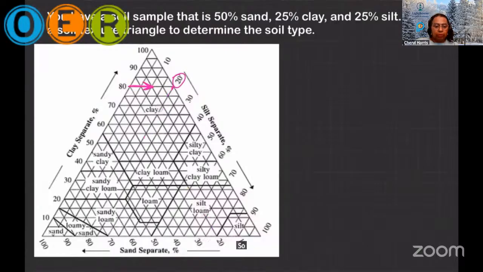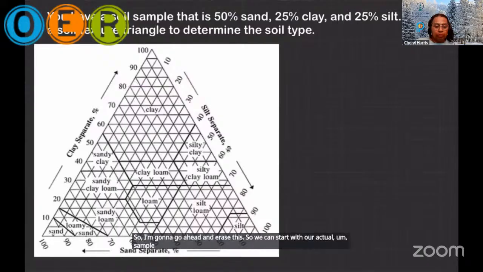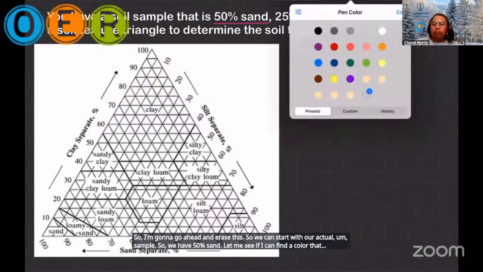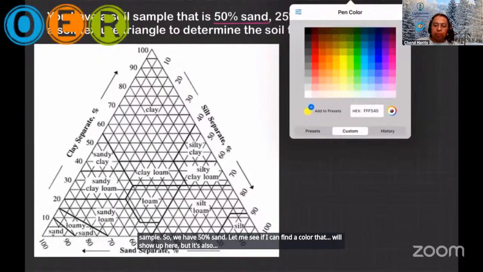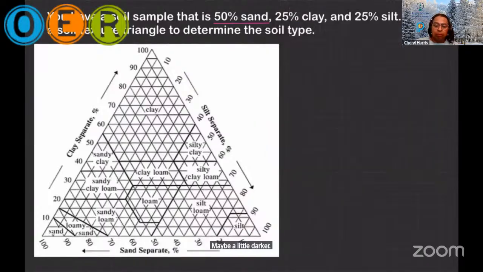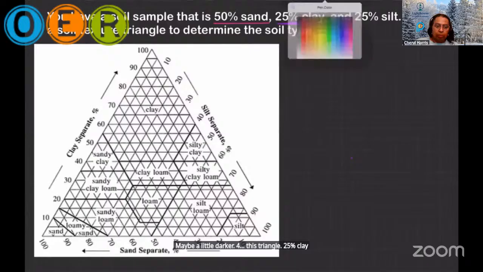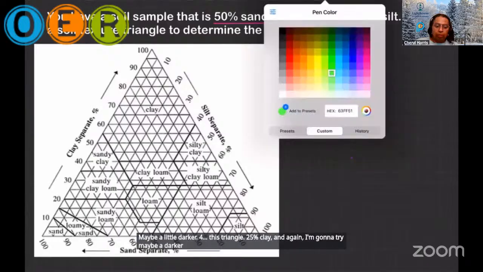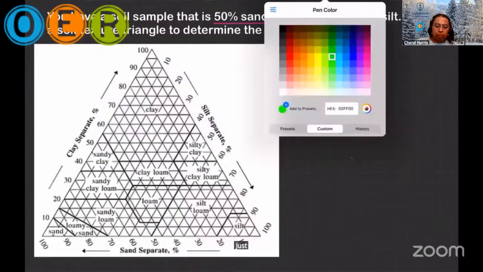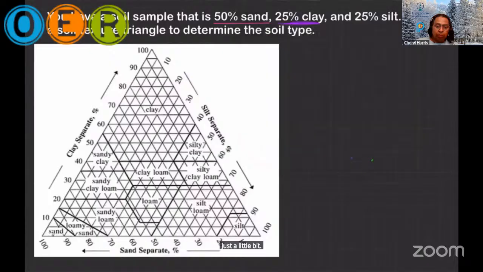So I'm going to go ahead and erase this so we can start with our actual sample. So we have 50% sand, 25% clay, and 25% silt. I'm going to try a darker color so it shows up on this triangle.